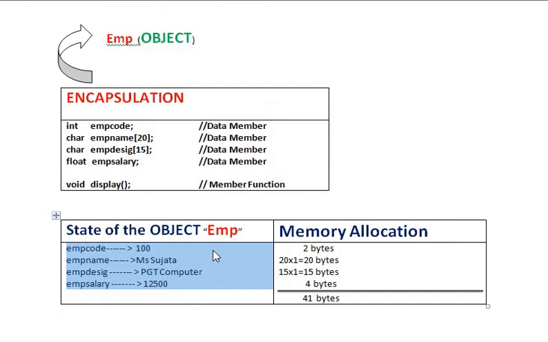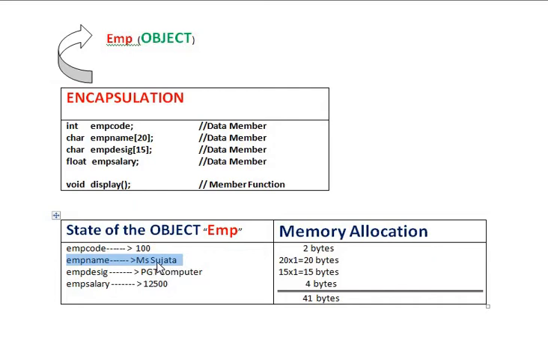So this is the current state of the object emp with these values assigned to its data members. Now if you look here, as soon as the value 100 gets assigned to the data member emp code, automatically 2 bytes of memory space is reserved for that. Because the data member emp code has the data type int, and int takes 2 bytes of storage.